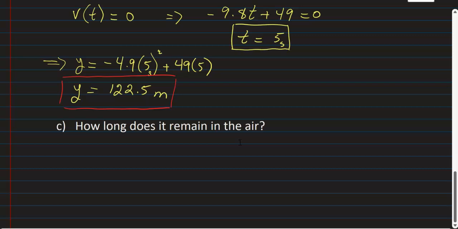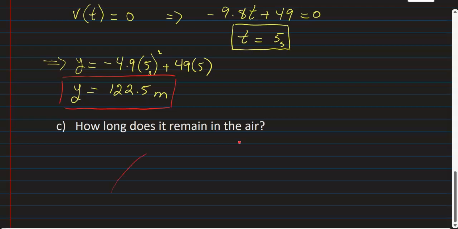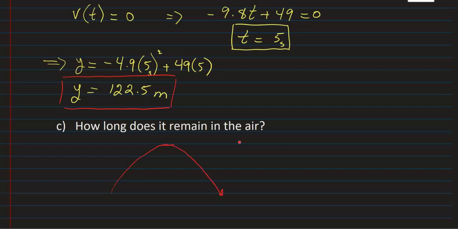All right, and the last question is, how long does it remain in the air? Now remember, when you throw the object up, it goes up to the top and then comes down. We know the time to the top was 5 seconds, but we don't know the time for the entire path.